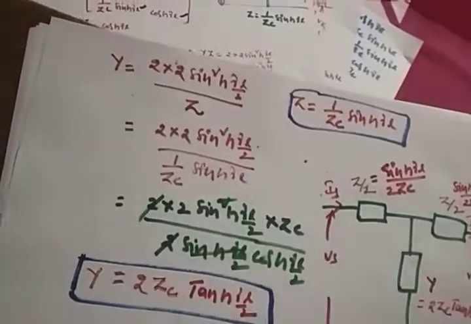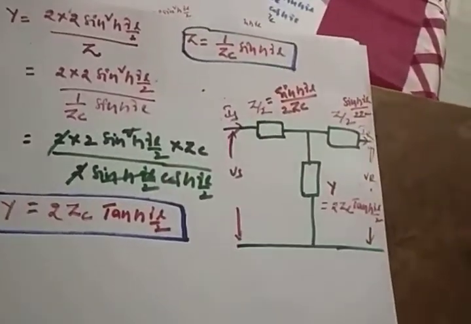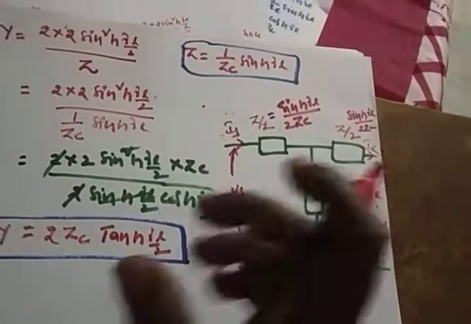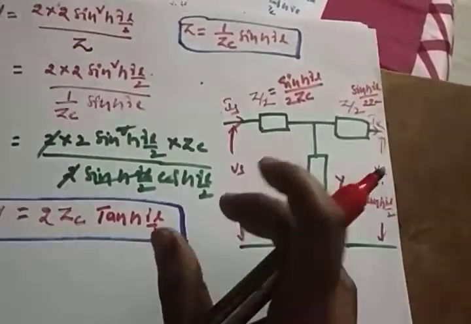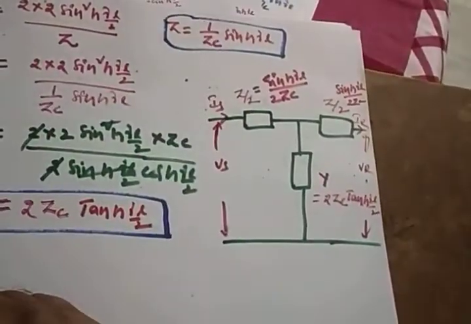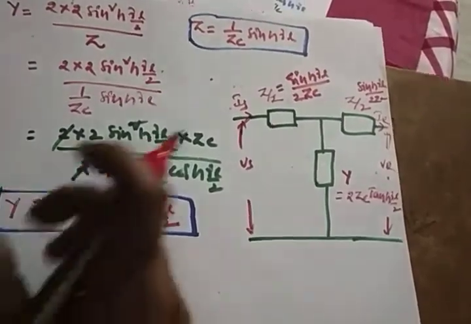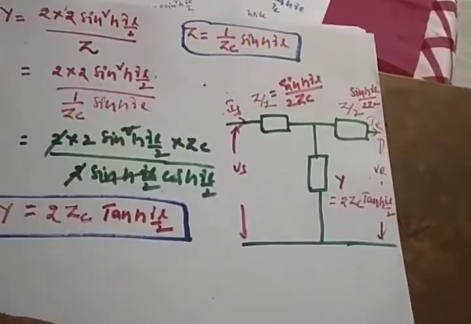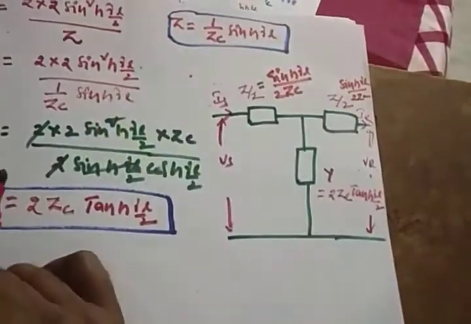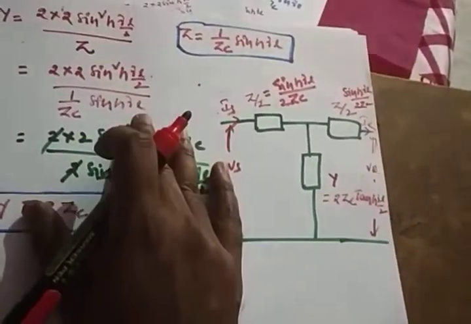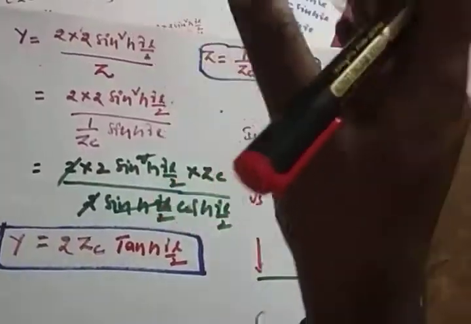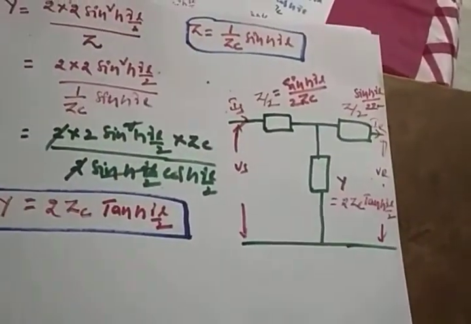So in this way we will estimate the performance of a long transmission line, right? So till now we discussed what is a long transmission line, and what is the circuit model of a long transmission line, right? So how can you find out the ABCD parameters of a long transmission line? With the help of rigorous methods, right? With this rigorous method you find out the value of A, B, C, D. What is the value of A?